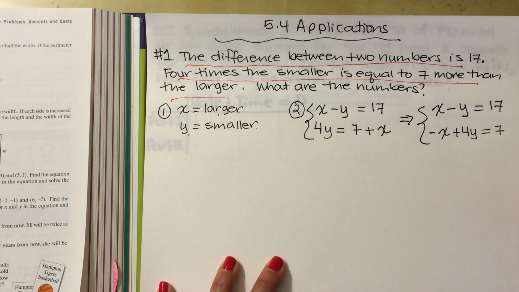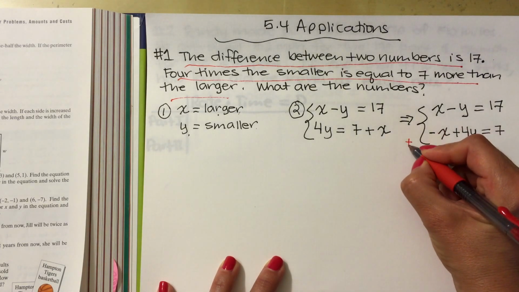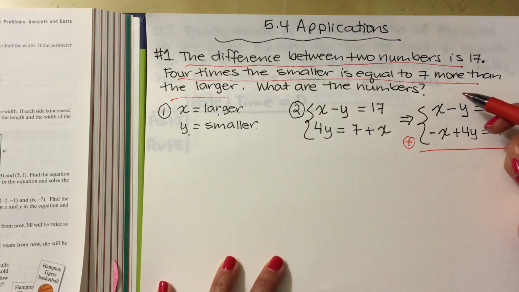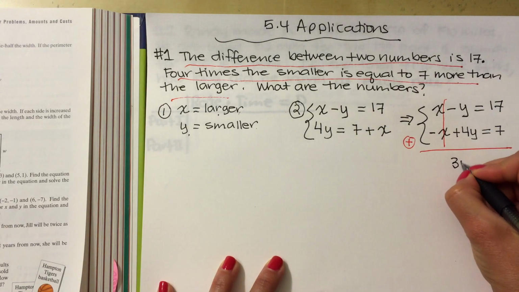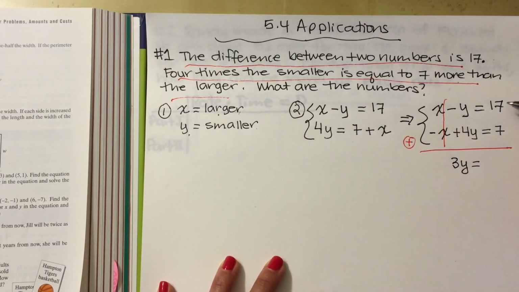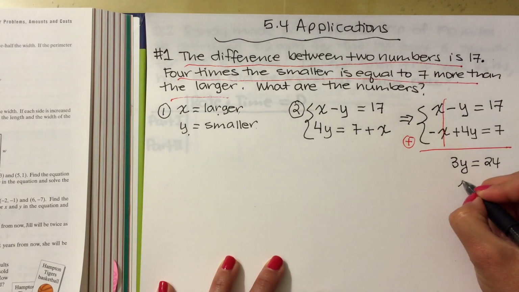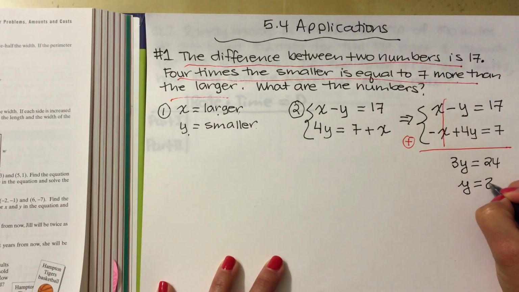The reason I did this is because I noticed that I would have x and negative x, and this automatically gives me 0, so it eliminates the x's, and it's pretty quick to solve from here. So we get rid of x, negative y plus 4y, that gives me 3y, and then 17 plus 7 gives us 24, and when we solve for y, we get 8.